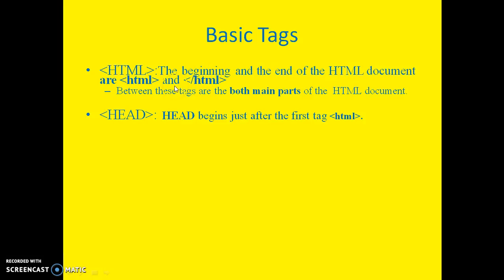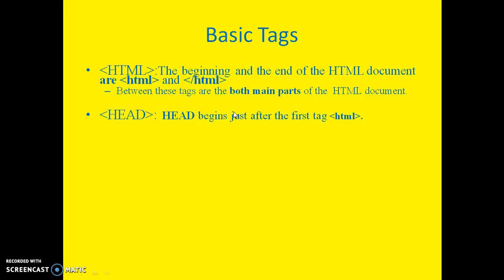Now your HTML file will contain two main tags inside the HTML tag. The first one is the head. The head tag begins just after the opening HTML tag. Normally for every page we give headers, so for HTML we put the head.